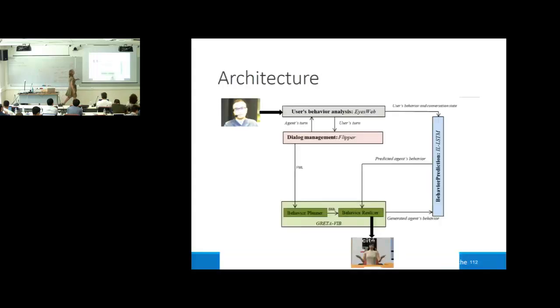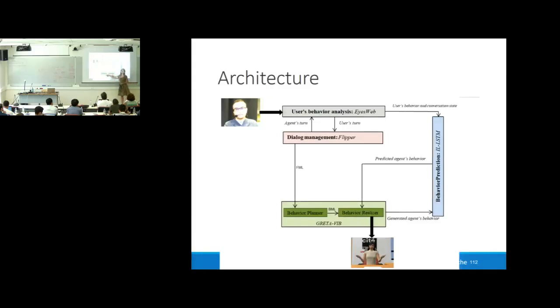So we went back to our architecture where we have the user whose behavior is detected, and then sent to this behavior prediction model based on LSTM that, given the behavior of the agent over a certain time window, predicts what should be the behaviors of the agent for the next time frame. However, the agent needs to convey communication, so it needs its intention.